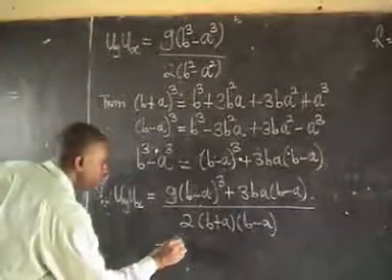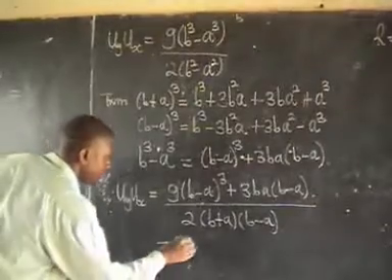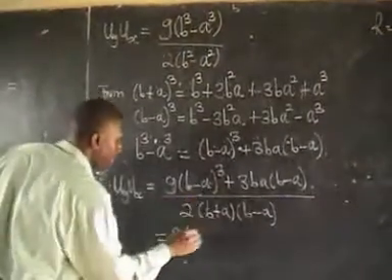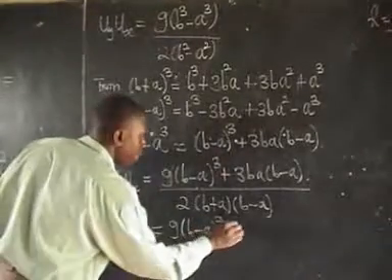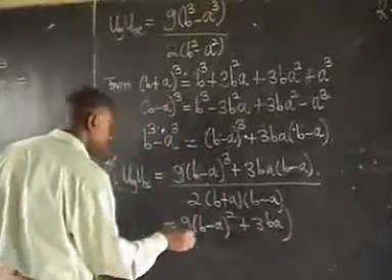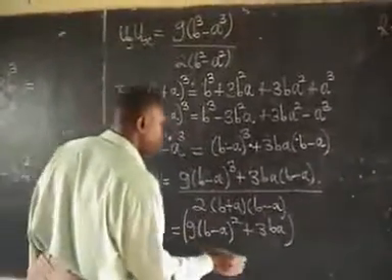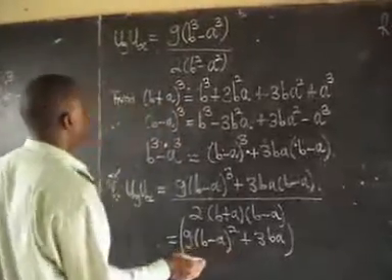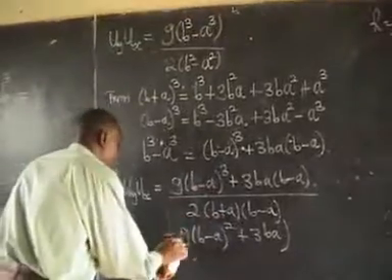So we shall have g into b minus a squared plus 3ba bracket. So put this in a bracket, and that is outside the bracket.